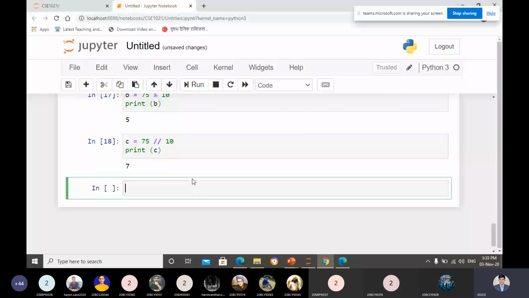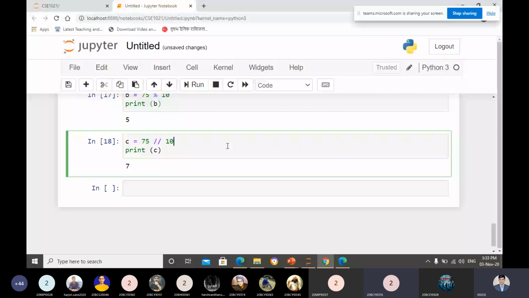Here I am just explaining. If I do 75 divided by 10, the answer will be 7.5. Am I right? Yes, sir. Okay, so what happened? It just gave the integer part only. Truncate division gives just the integer part.